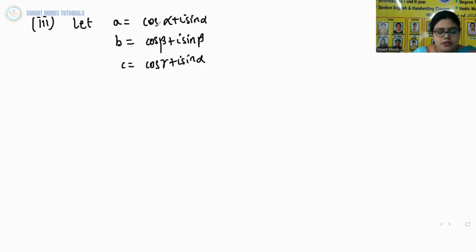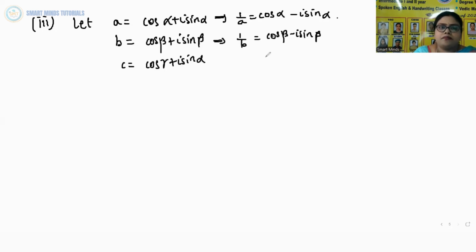So if A is cos alpha plus i sin alpha, then 1 by A will be cos alpha minus i sin alpha. It is the conjugate. Then 1 by B will be cos beta minus i sin beta. Then 1 by C will be cos gamma minus i sin gamma.